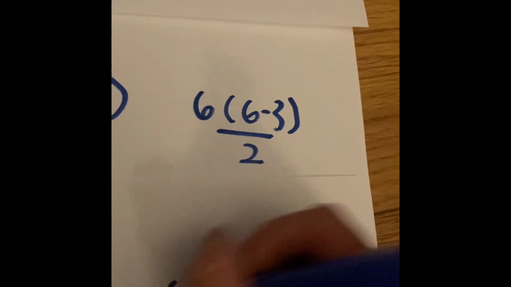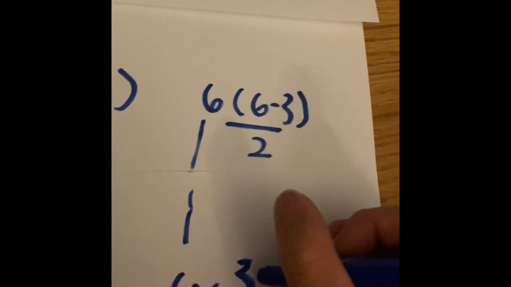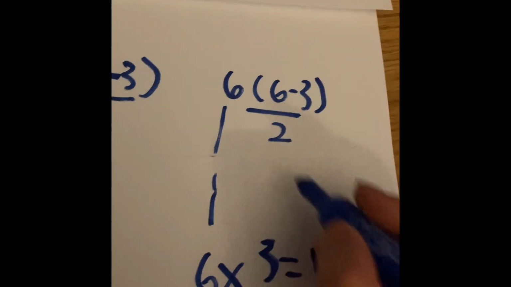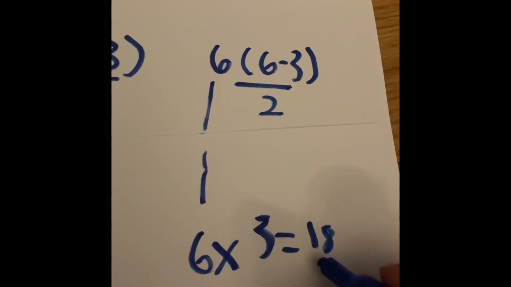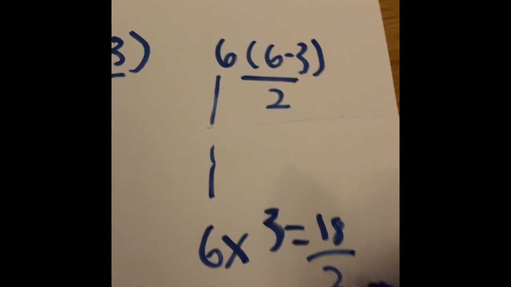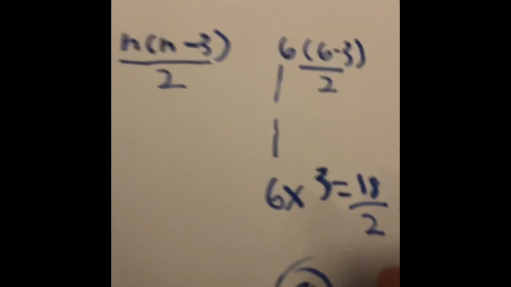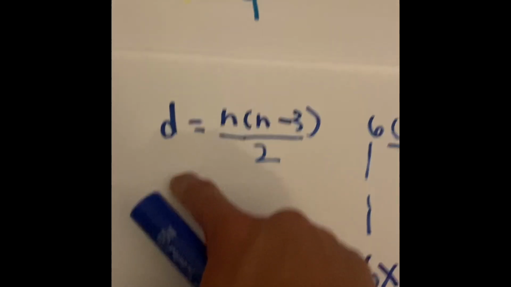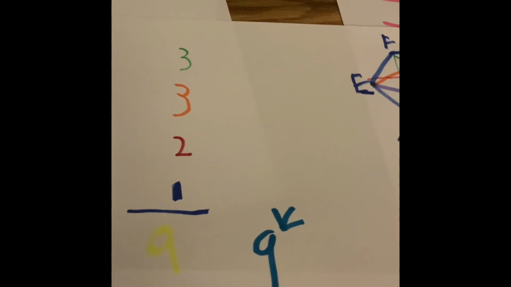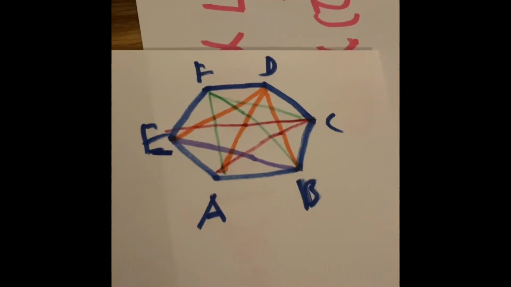And 6 times 3, because we bring this down here, is going to be 18. And we still have that divisor of 2. So 18 divided by 2 is going to be 9. 9 is what we got for our answer when we used this formula, and that's what we got by drawing the lines manually.